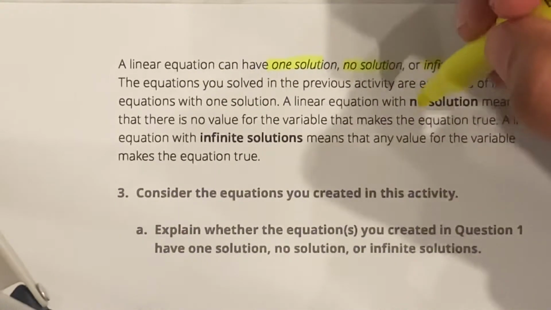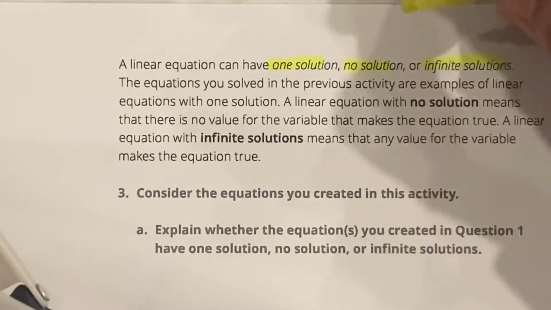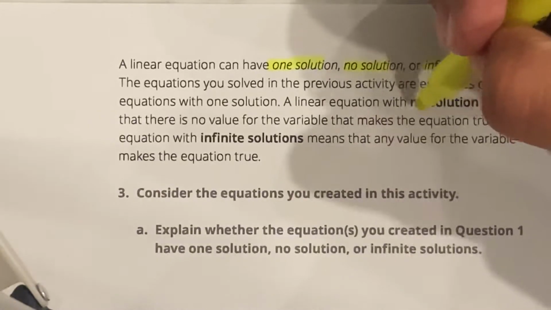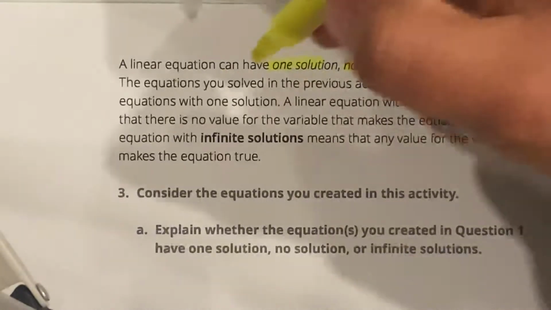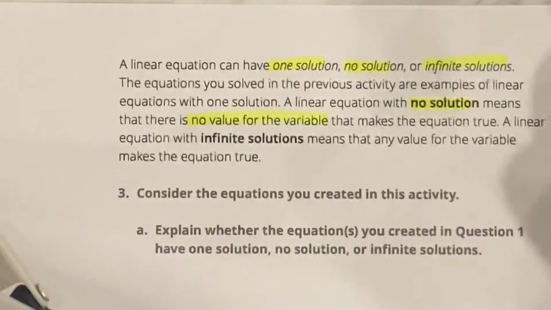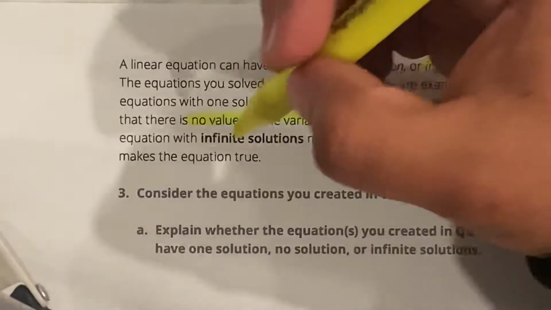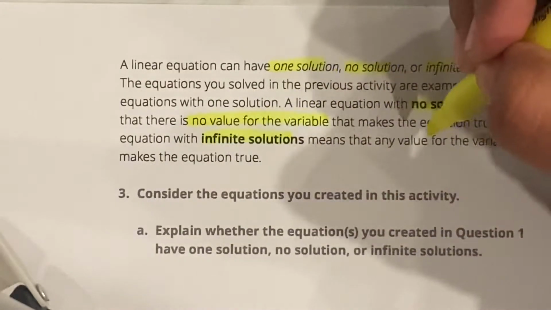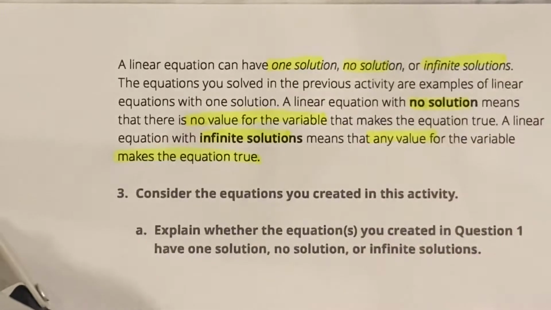A linear equation with no solution means that there's no value for the variable. A linear equation with infinite solutions means that any value makes the equation true. Very intense stuff, like I said.